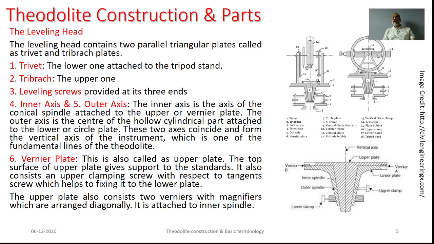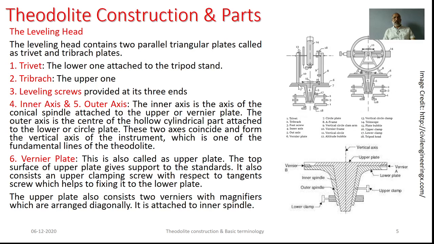Here, this leveling head comprises a tri-branch plate, the trivet plate, which is separated by 3 leveling screws. As you know, this leveling head helps to level the equipment. The function of the tri-branch, trivet and leveling screws is very similar to the way we discussed for the level.